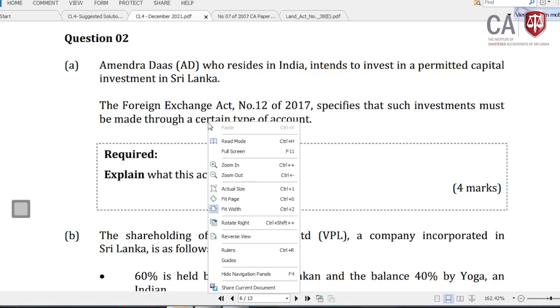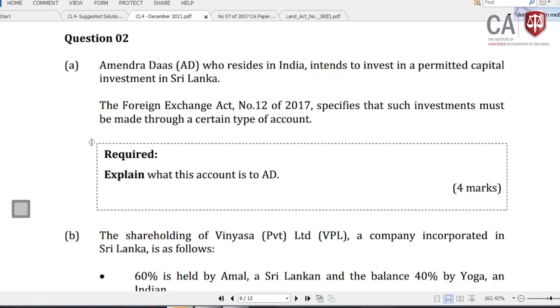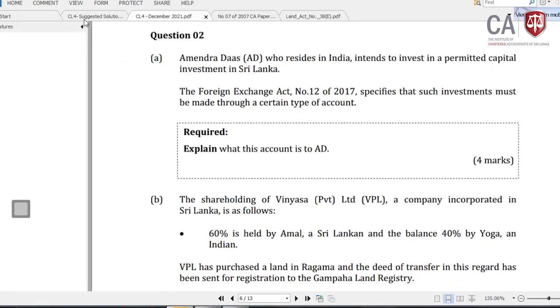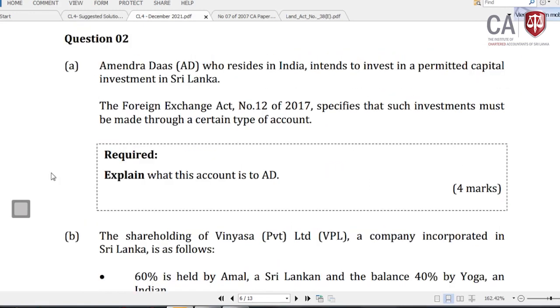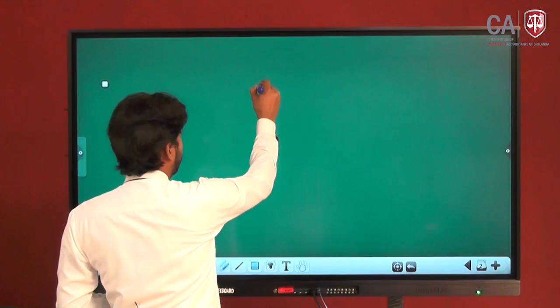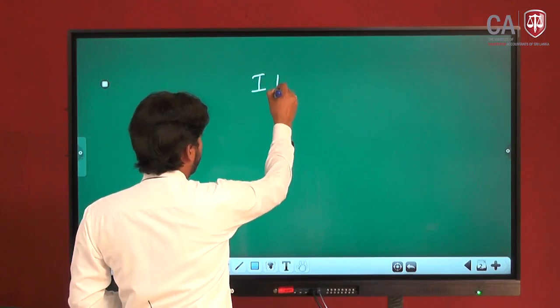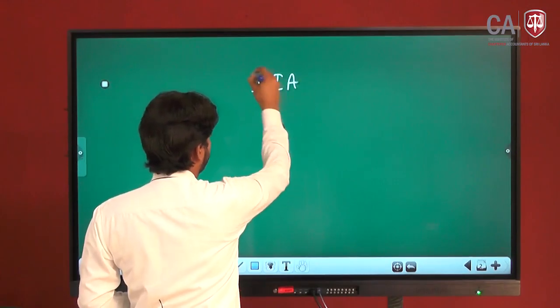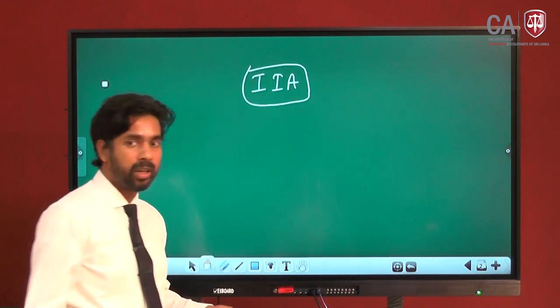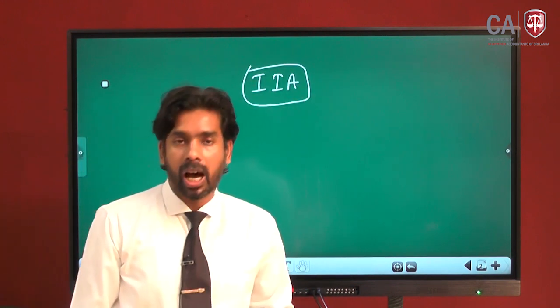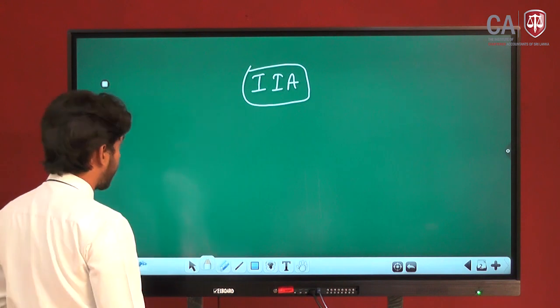Accordingly, you are aware that you have to channel your investment through an inward investment account, IIA.